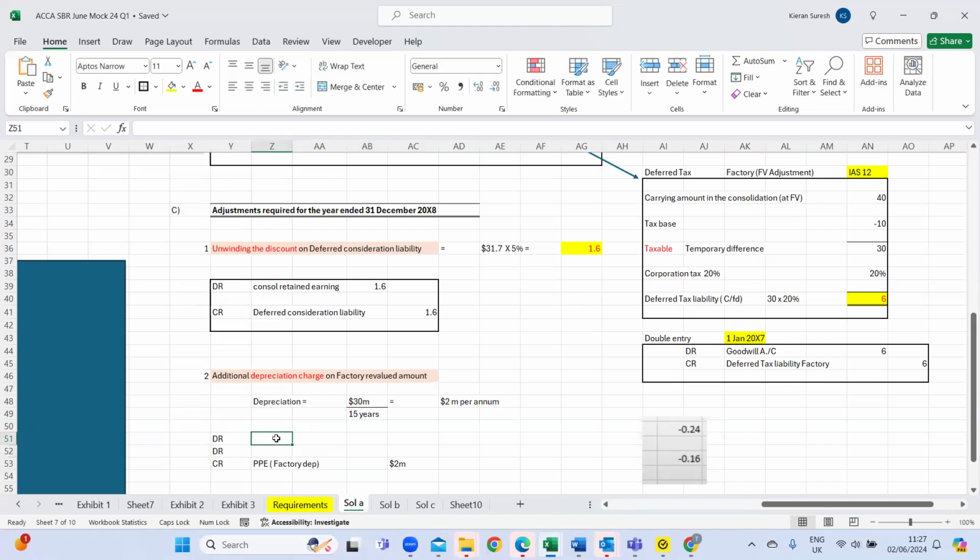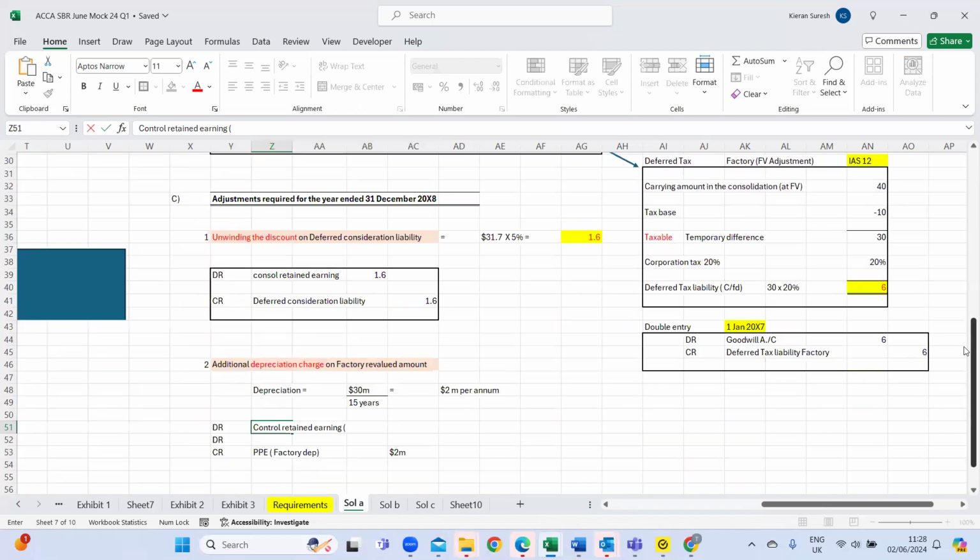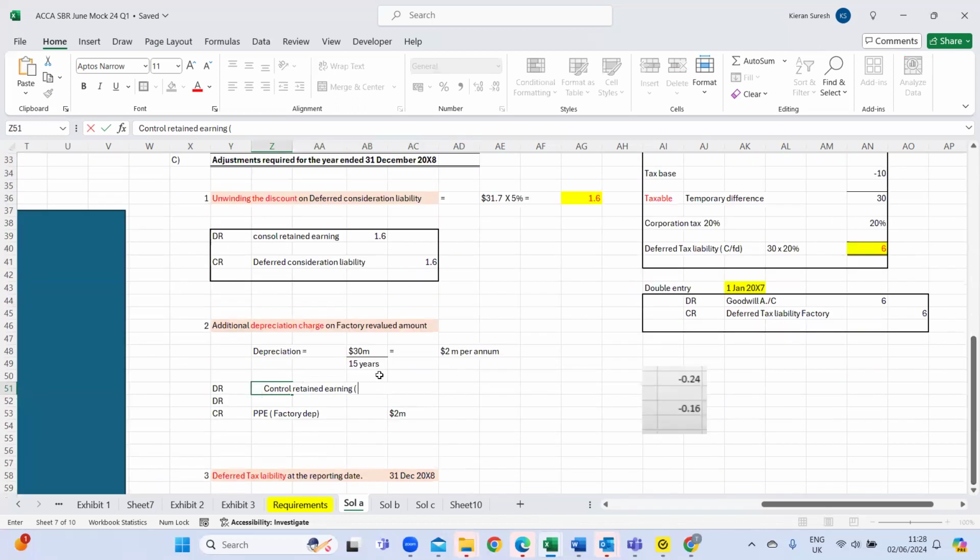The parent's share is charged to consolidated retained earnings. The parent would take 60% of this 2 million.